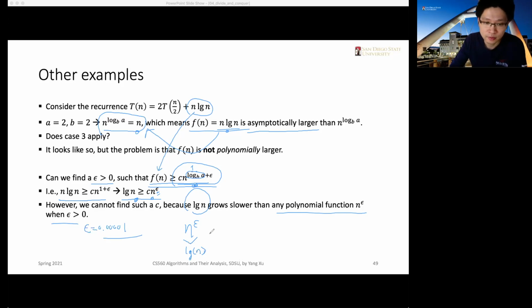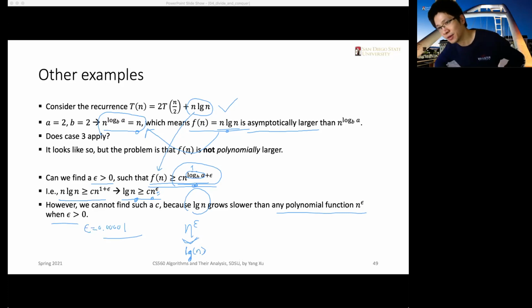The logarithm function grows slower than any form of polynomial function. So unfortunately, for this case we cannot apply the master theorem or master method to directly get the solution.